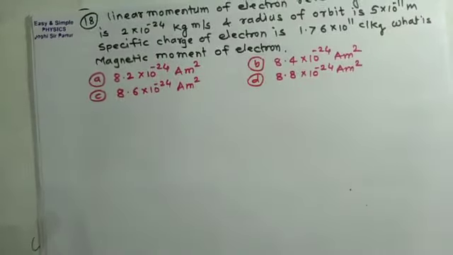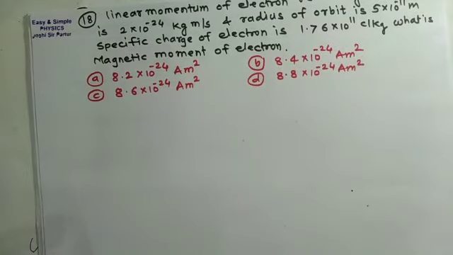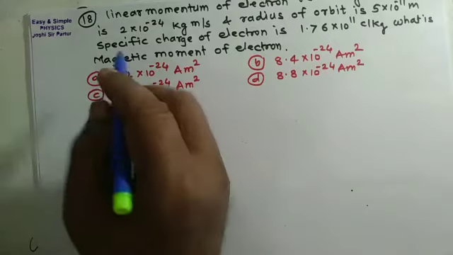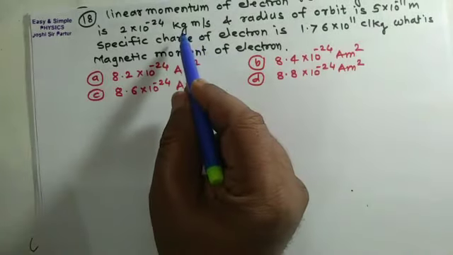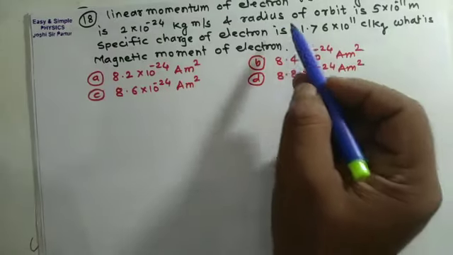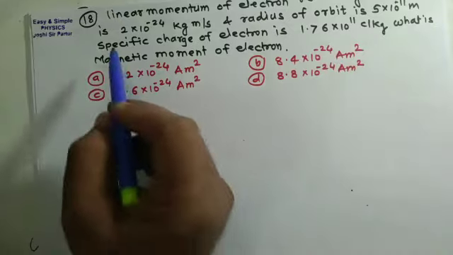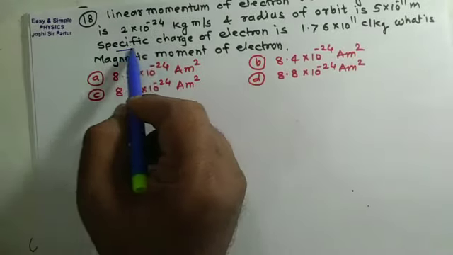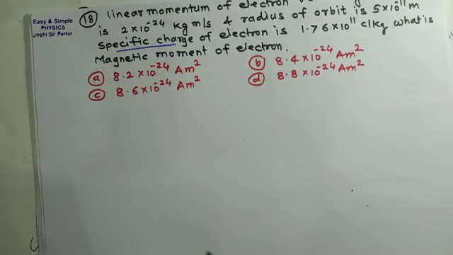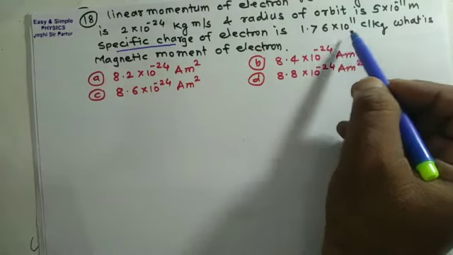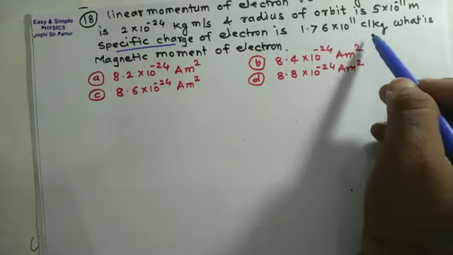Again, the linear momentum of an electron revolving in an orbit is 2 into 10 raised to minus 24 kg meter per second. The radius of the orbit is 5 into 10 raised to minus 11 meter, and the specific charge, charge of electron divided by mass of electron, is 1.76 into 10 raised to 11 coulomb per kg.